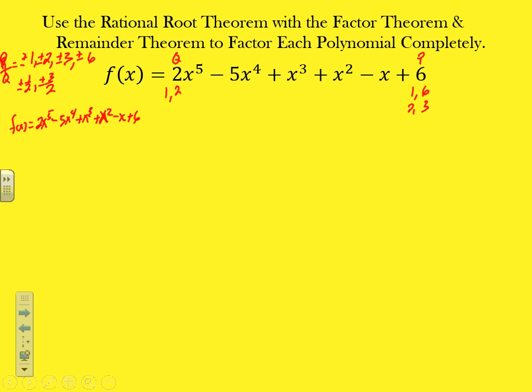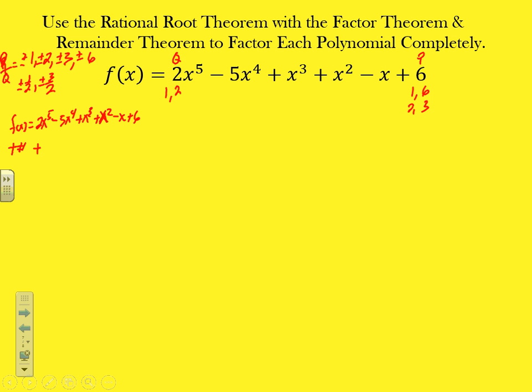Basically what we're going to do again is say, okay, if I substitute a positive number into the function, how does the sign change compared to the original? Well, if I substitute a positive number, let's just say we're substituting a positive 1. If I substitute a positive 1 into the first term, positive 1 to an odd power is still positive. And I multiply it by a positive 2, so this is a positive solution right here.